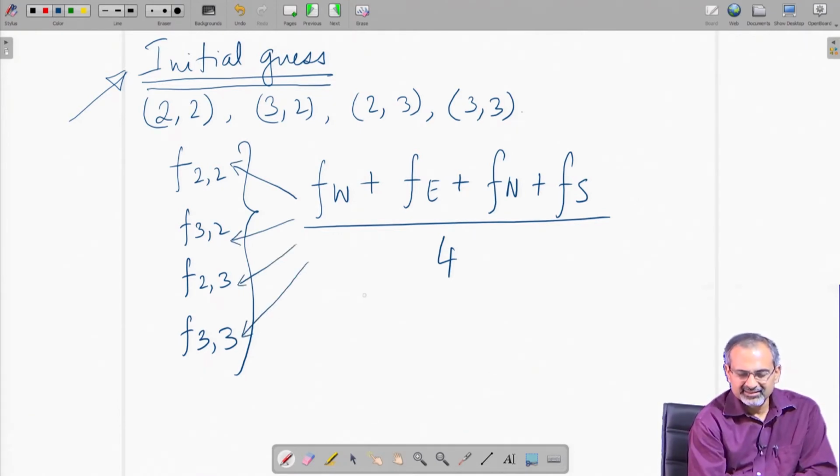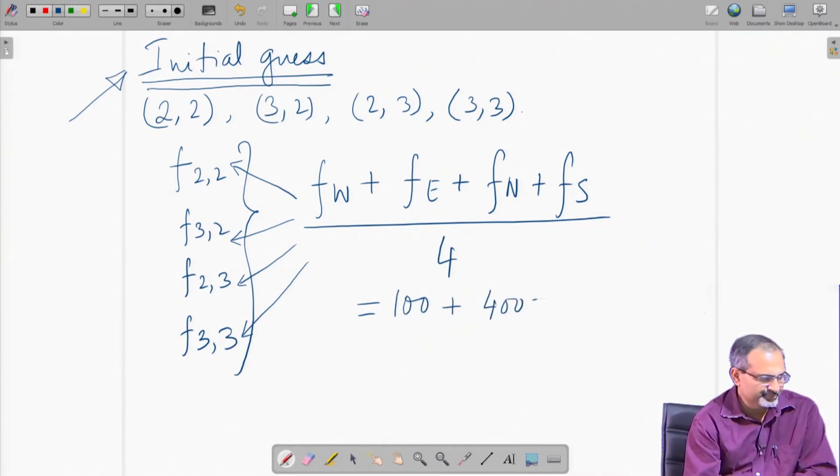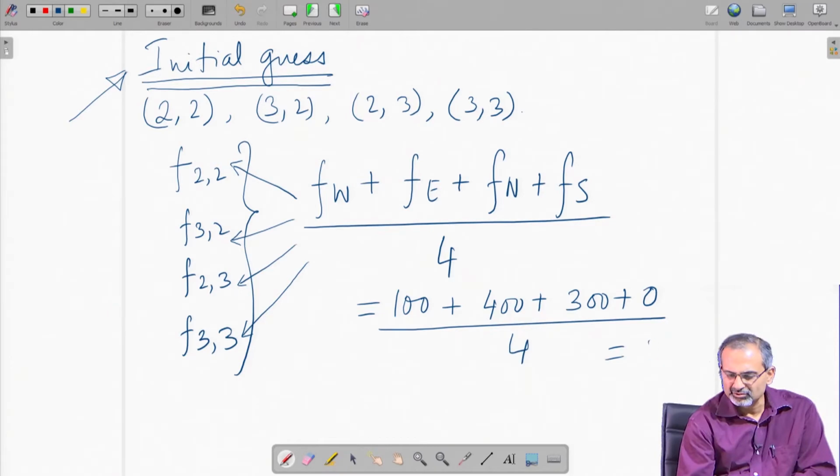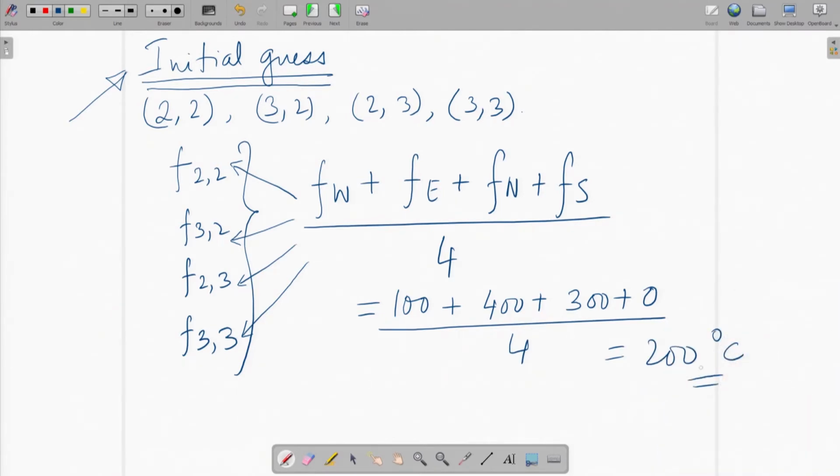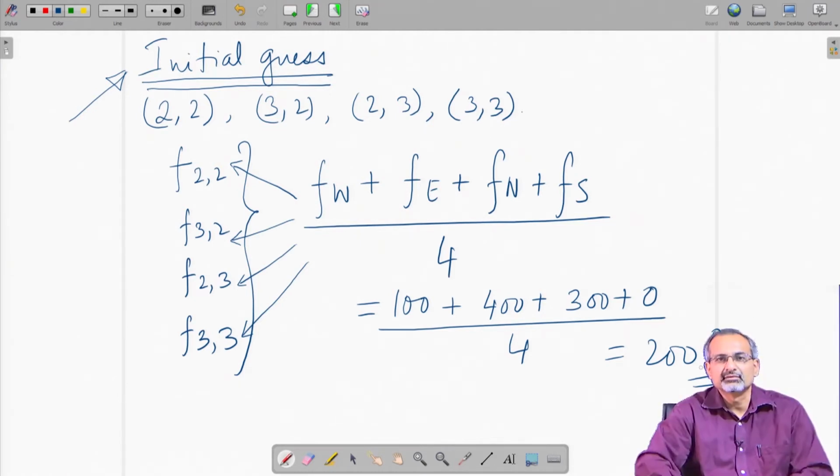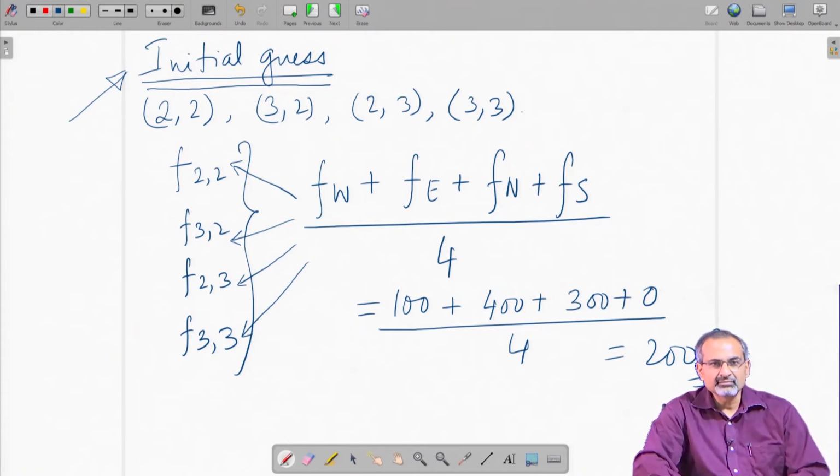Which means that in our case this would be 100 plus 400 plus 300 plus 0 divided by 4, which gives you a value of 200. So, it is essentially 200 degree centigrade, which would be the initial guess for the 4 interior grid points that you have chosen.